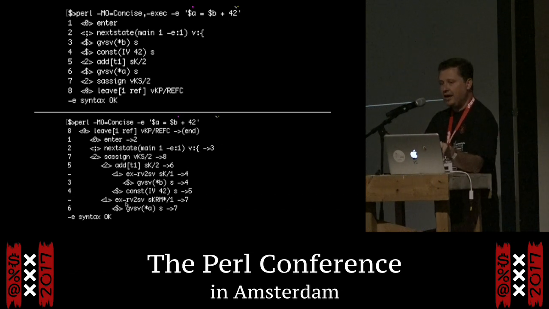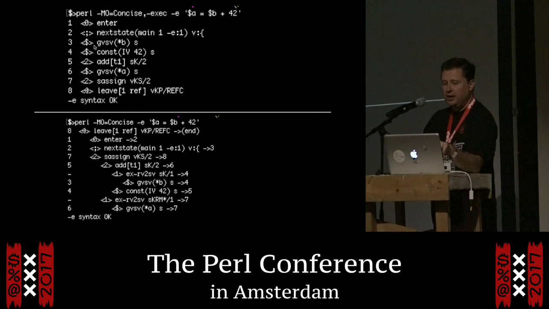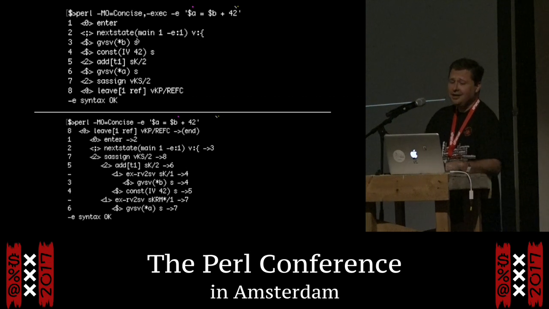The first one you have is null, and that's your base op, or your op. Then you have nextstate, which is your cop, which is your line number information, and we can see even here it says it's on main, line 1, and the file is -e:1, I think.